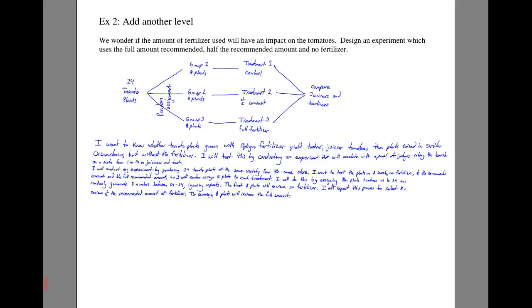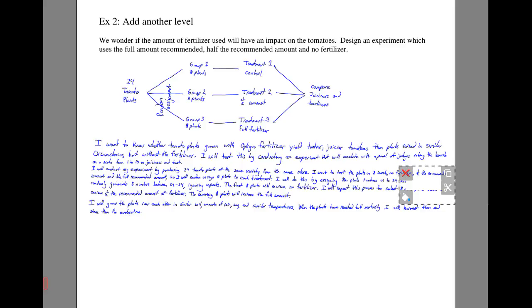Okay, I will grow the plants near each other in similar soil, amounts of rain, sun, and similar temperatures. When the plants have reached full maturity, I'll harvest them and store them for evaluation. And there you go. So we've got to write all that stuff out. Be very specific in this.